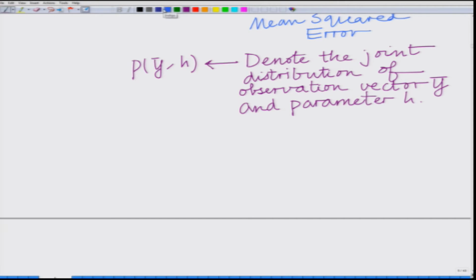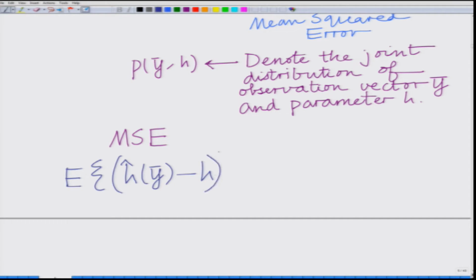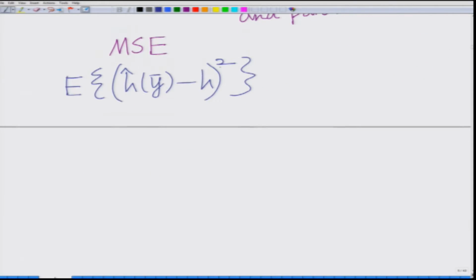So, the mean squared error, the MSE, which we have represented as the expected value of (h hat of y bar minus h) whole square, can be written as an integral.